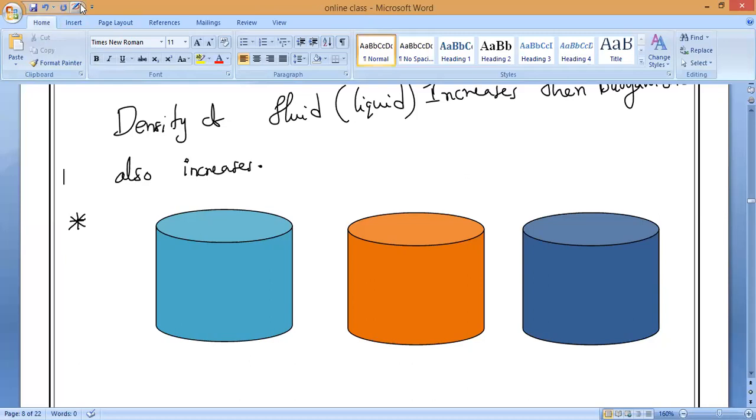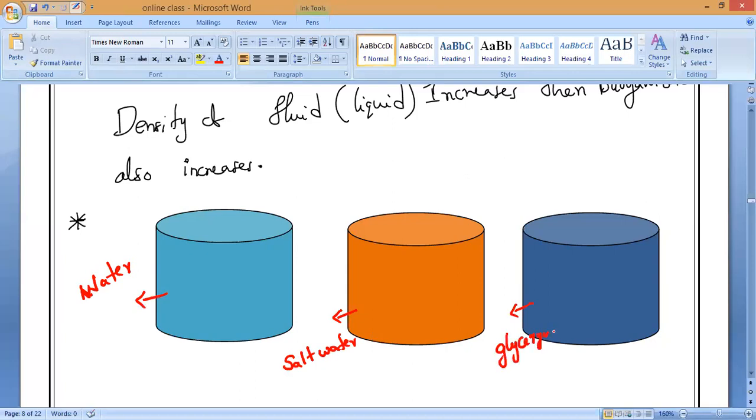So you will understand now. This is normal water, this one is salt water, and this one is glycerin. Now write the densities.